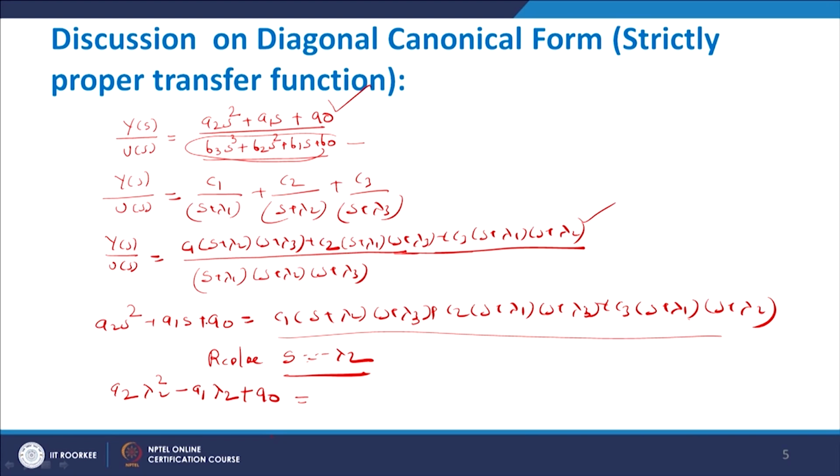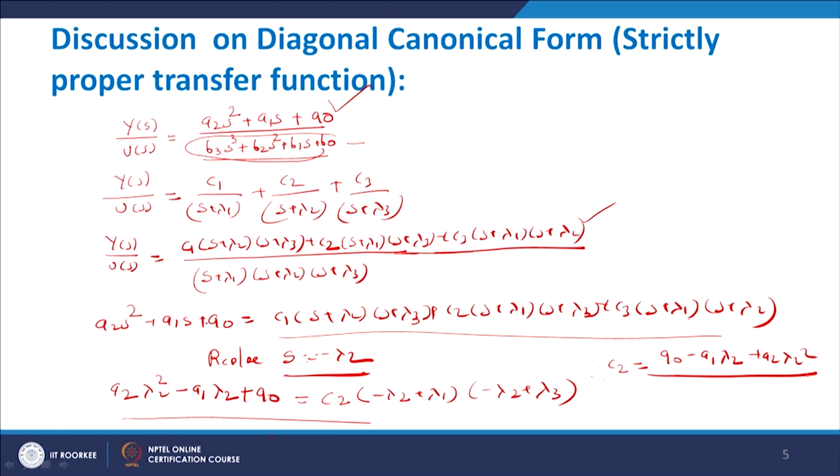So, we can write C2 times minus lambda 2 plus lambda 1 and minus lambda 2 plus lambda 3, and from this you can easily get C2 equal to A0 minus A1 lambda 2 plus A2 lambda 2 square, divided by minus lambda 2 plus lambda 1 into minus lambda 2 plus lambda 3.